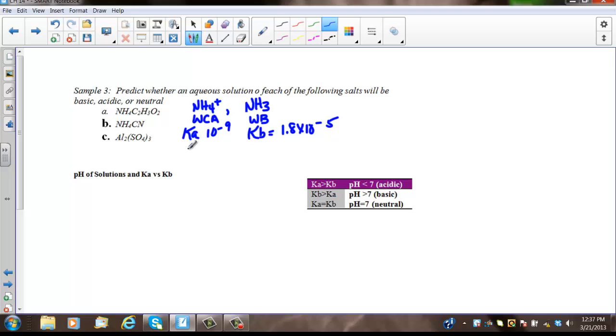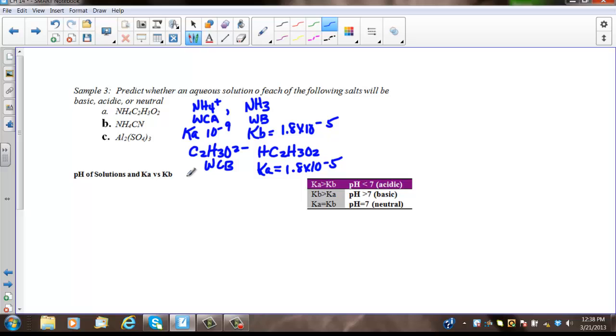In the second part of it, we have the acetate ion, C2H3O2 minus, which is a weak conjugate base from the weak acid HC2H3O2. If we look at the Ka of acetic acid, it's also 1.8 times 10 to the minus 5.